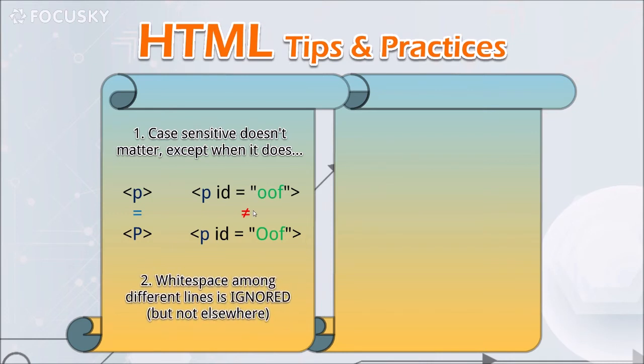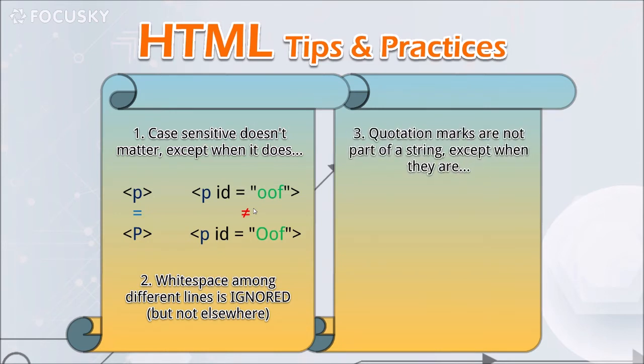Number 2. White space among different lines is ignored, but not elsewhere. You can put as many carriage returns, as many line breaks as you want between the elements inside your HTML document. Got me? Number 3. Quotation marks are not part of a string except when they are. This means that you are given two different possibilities.